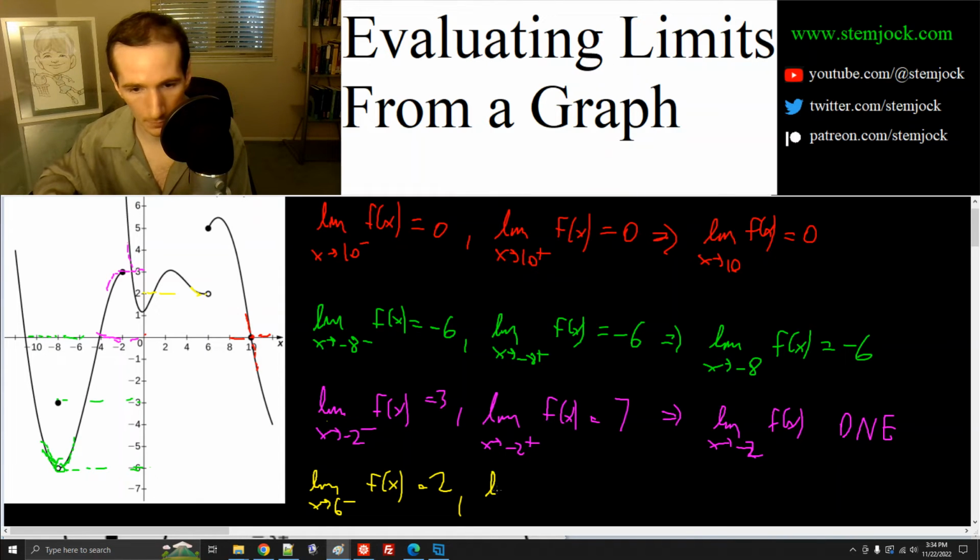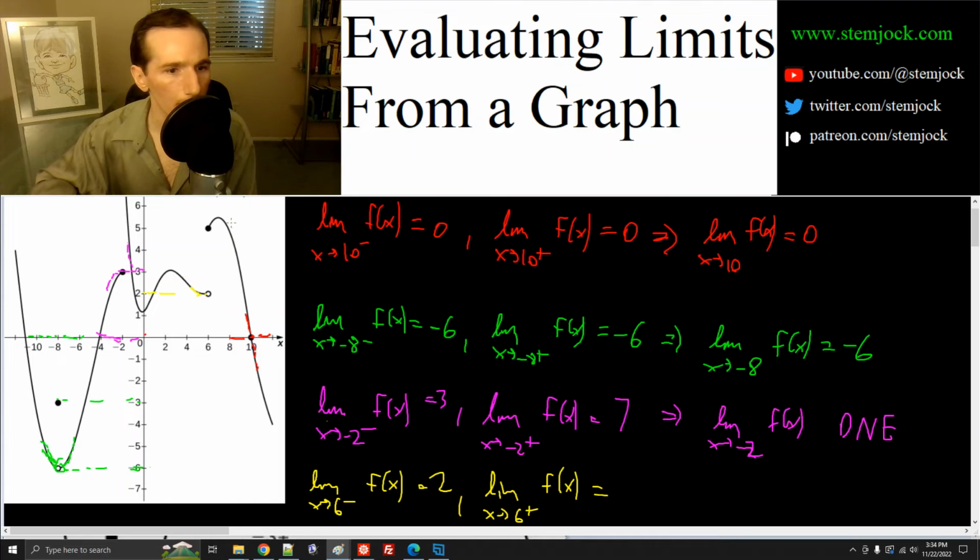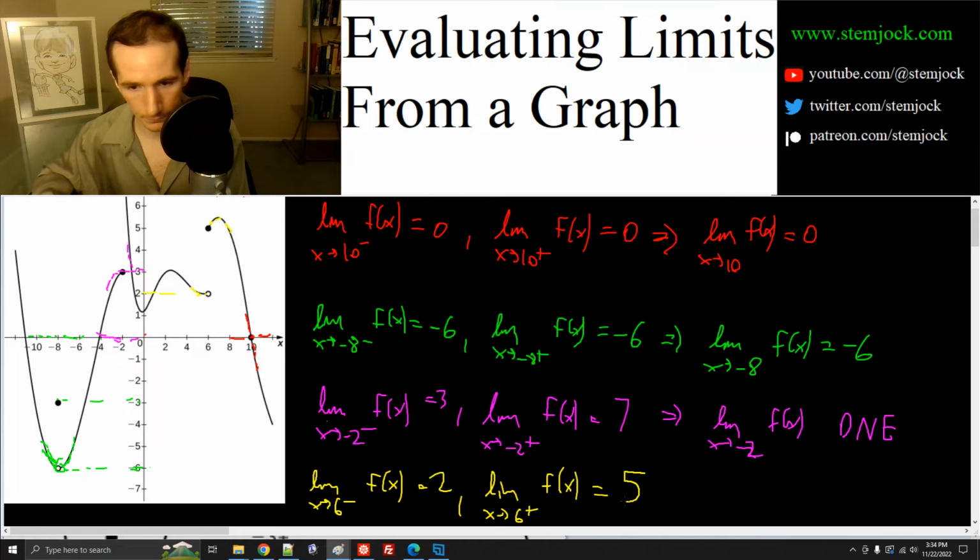The limit as x approaches 6 from the right, the y value is 5. And because the left and the right-hand limits are not the same, the limit as x approaches 6 of the function does not exist.